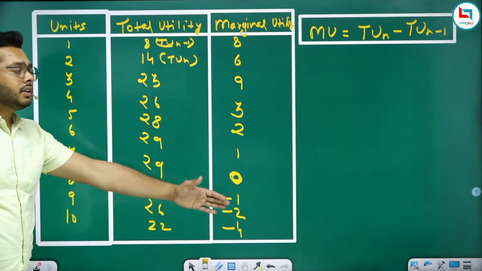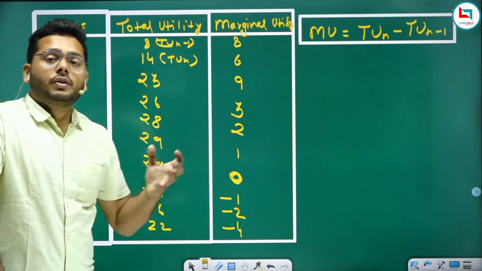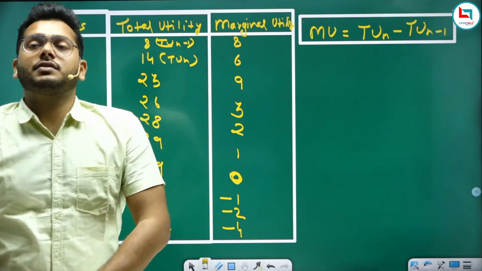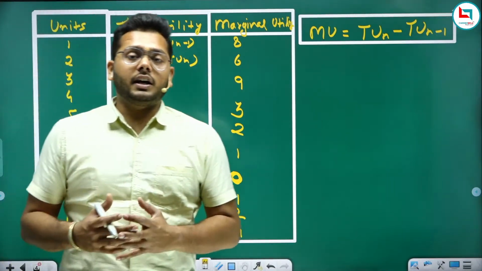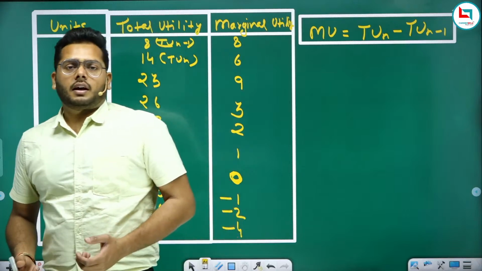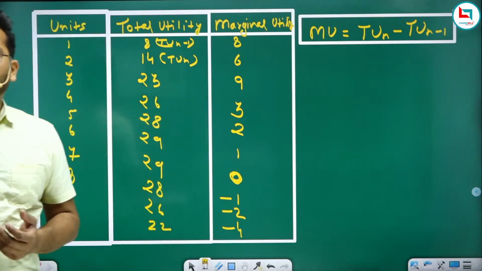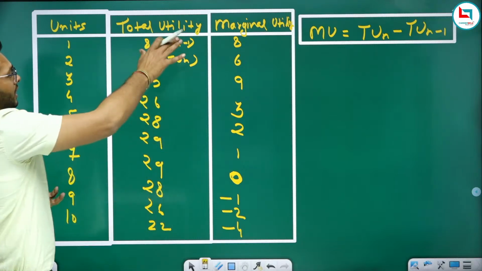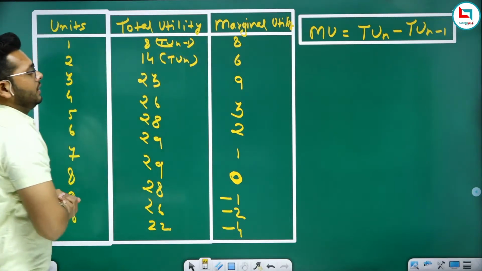So after the consumption of the 7th unit, you will have negative satisfaction. You will feel angry. Got it or not? So this is the relation between total utility and marginal utility.